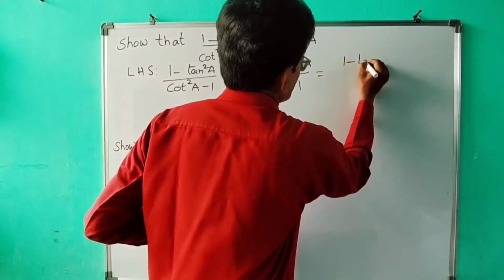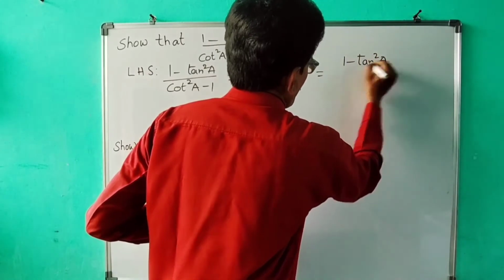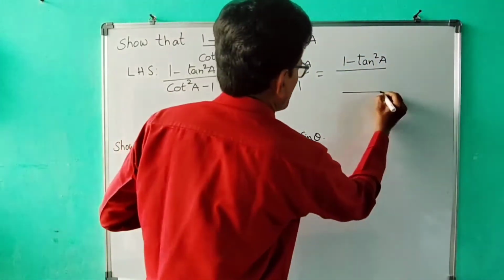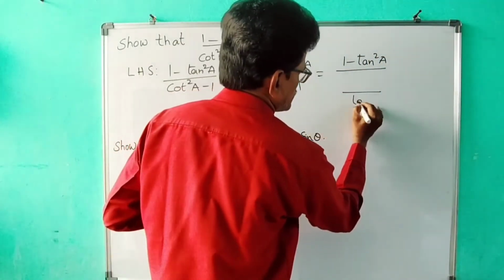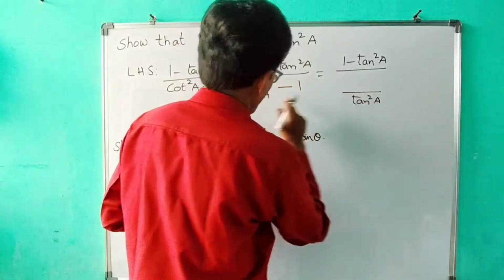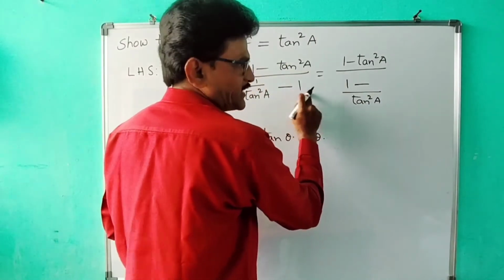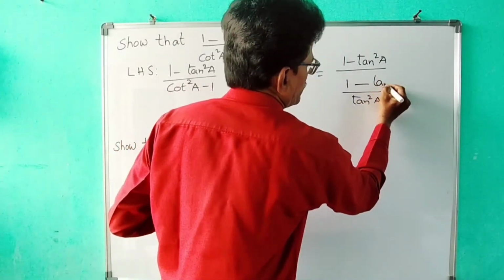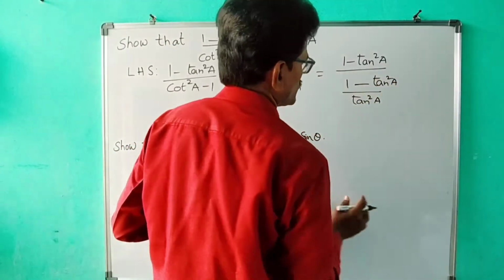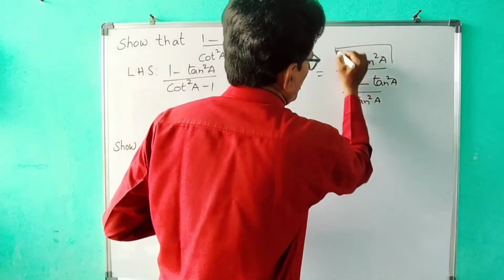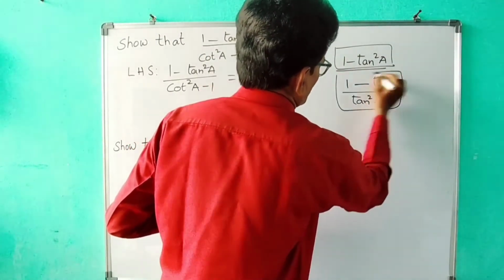Now 1 minus tan square A by, here what is the LCM of these two terms? Tan square A is the LCM. Tan square A goes one time, 1 into 1, minus nothing is there, 1 into tan square, simply I write tan square A. So this is the numerator and this is the denominator.